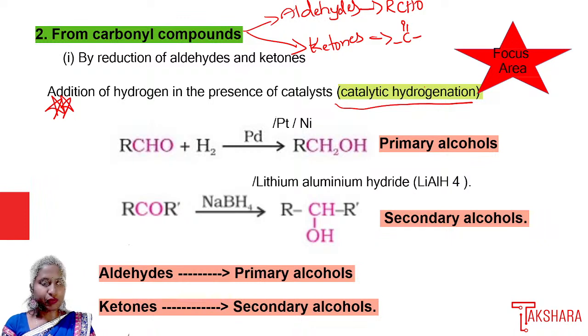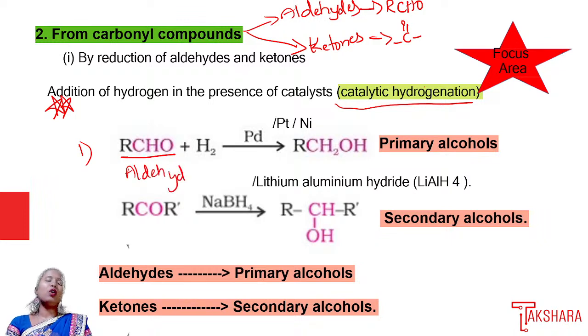See here, in the first reaction we have RCHO, the general formula for aldehyde. Now when we hydrogenate the aldehyde, that is, add hydrogen in the presence of palladium, platinum and nickel catalyst, we get the product. This hydrogen is going to add into this.